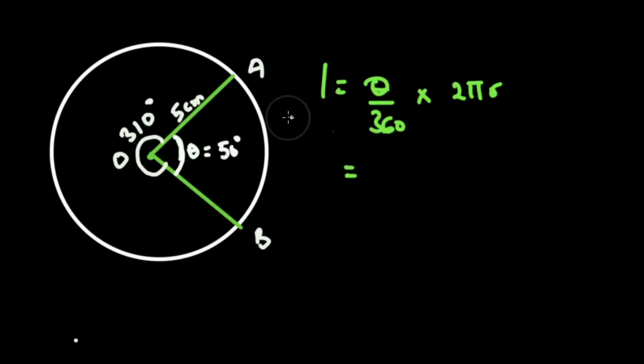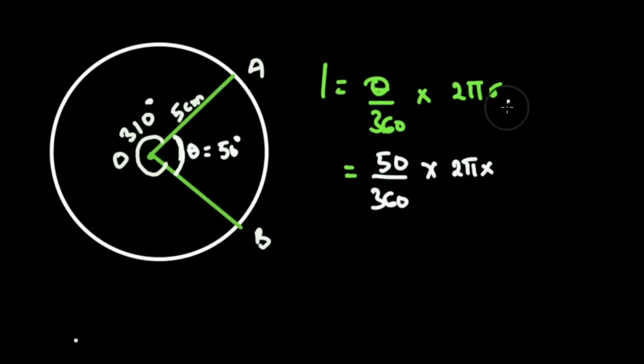So the length of the arc AB will be equal to 50 divided by 360 multiplied by 2 pi multiplied by radius 5 centimeters. When we calculate this, we get the answer 4.363 centimeters.